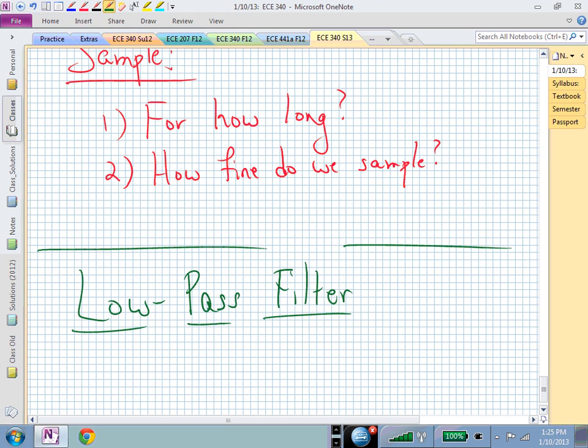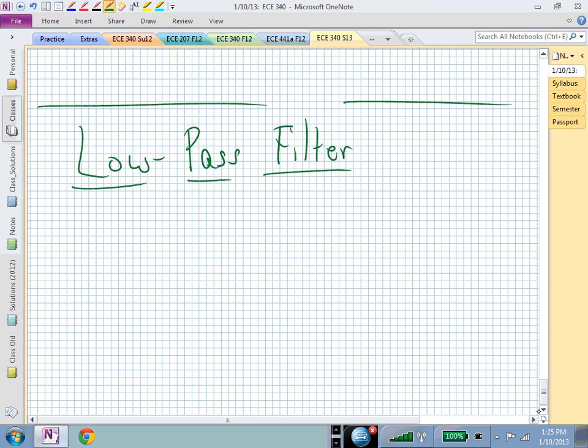Did everybody get that? So now we have a low-pass filter. Do you actually start to see, or what comes to mind when you hear that phrase? The graph. A graph of what? A graph of the frequency response, I'm thinking, the magnitude.